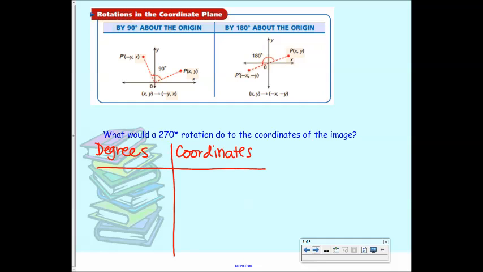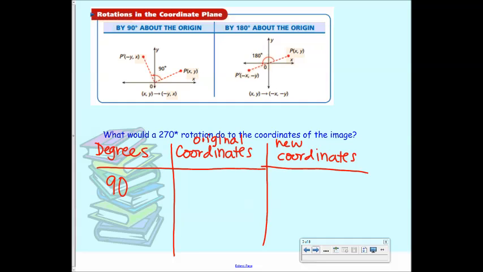So you've got original coordinates, and then new coordinates. Everything we're talking about is counterclockwise, but I'll tell you what to do if it was clockwise. So we've got 90 degrees, 180 degrees, and 270 degrees.